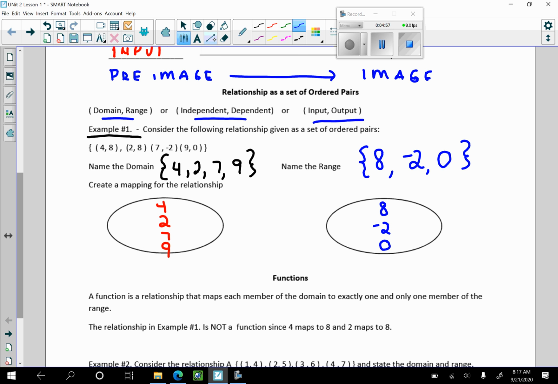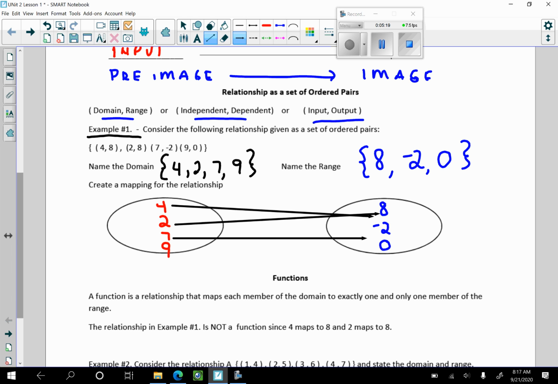With my little red tool, 4 maps to 8, that's cool. 2 also maps to 8. 7 maps to -2. And 9 maps to 0.